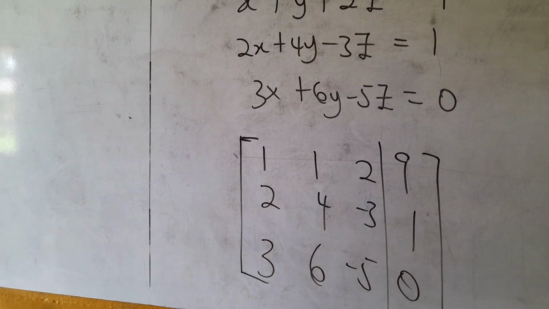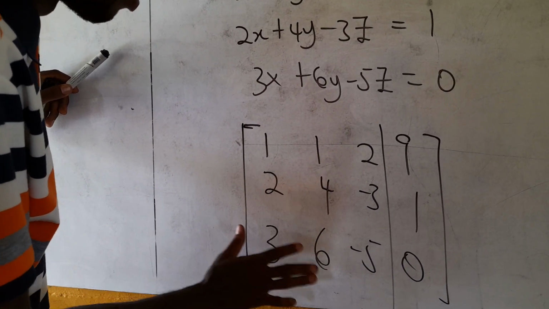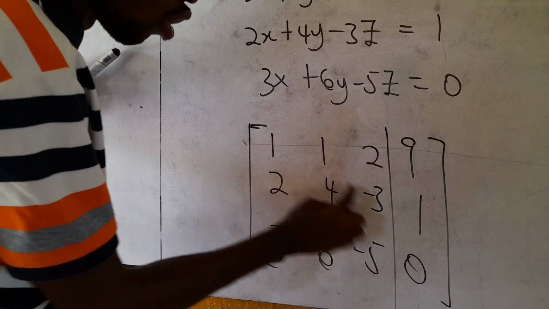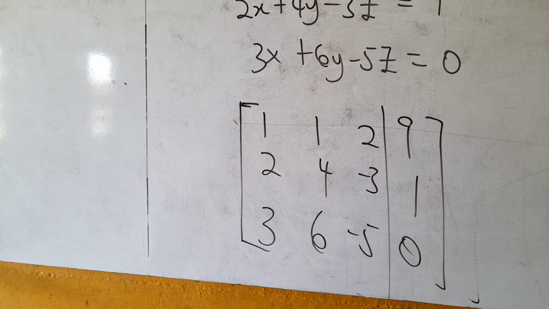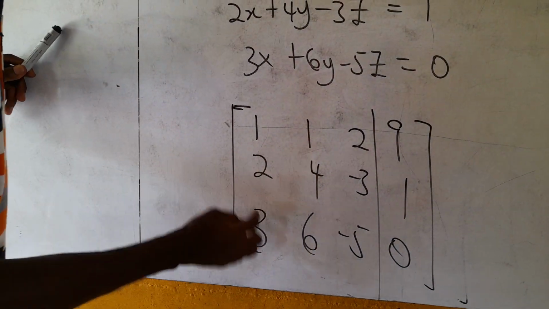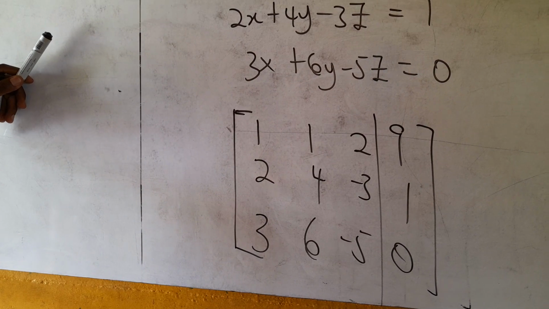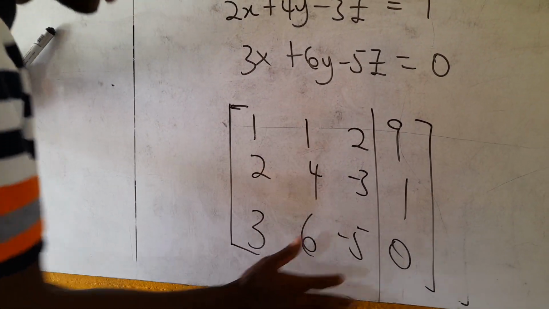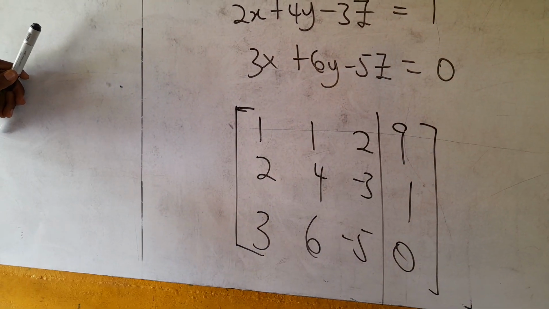What is our task? We make all the entries below the leading diagonal 0, all the entries in the leading diagonal 1, and all the entries above it 0.